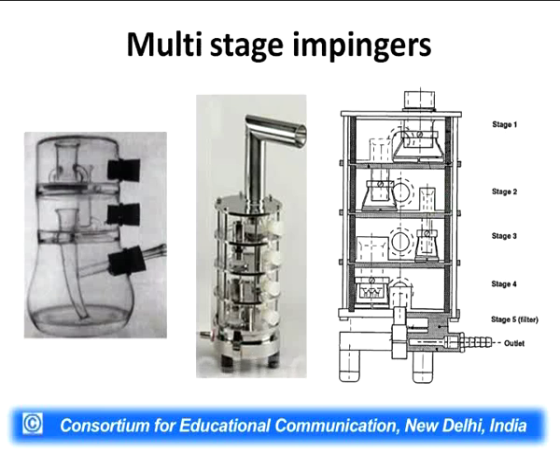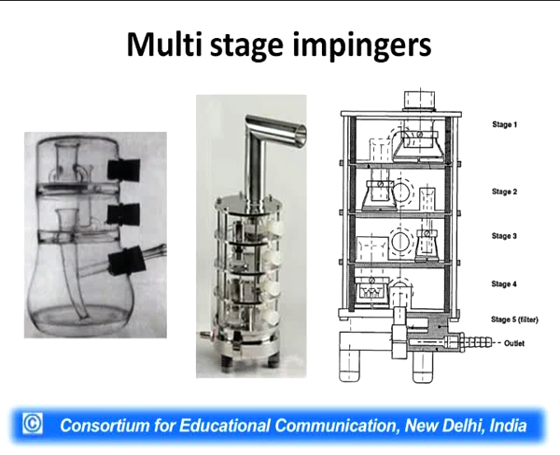Now, what are multi-stage impinger tubes? Here two types of multi-stage impactors are shown: one is a 3-stage impactor, while the other is a 5-stage impactor.